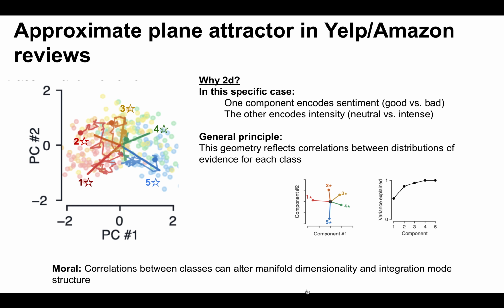And in the paper, we show how we can explain this 2D geometry by using statistics that we compute on the training dataset itself. So the moral here is that we have an integration manifold, but because of correlations between classes, we have one of reduced dimensionality.